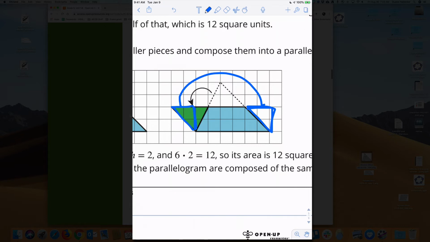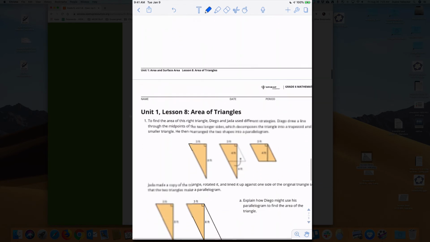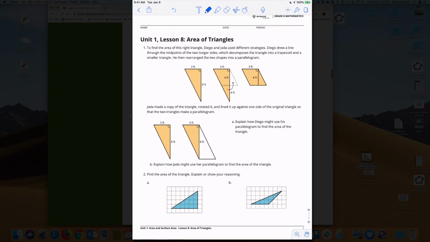So it's a two-step process, isn't it? First you turn it into a parallelogram, then you slice it further and turn it into a rectangle. That's actually kind of cool. So that's all the review and the summary, and that's kind of important. I'm going to let you, parents and teachers, go through that with your students.